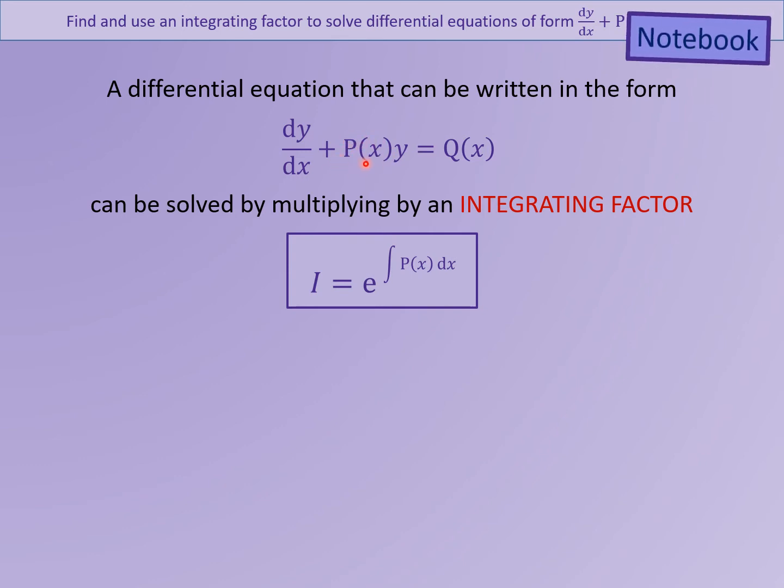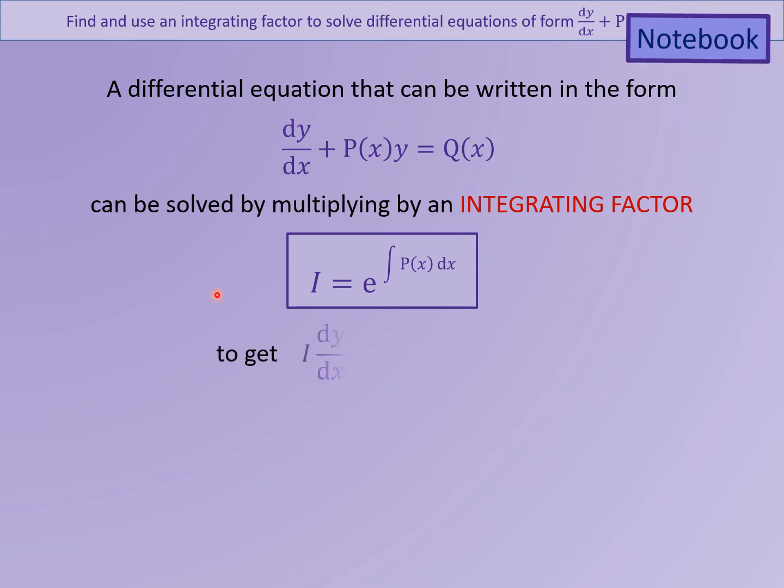We take that function, we integrate it, and that becomes the power of the exponential just there. So e to the whatever the integral of that bit is. No need to rearrange, no need to try to spot it yourself. You can just use that rule and you will always have your integrating factor.